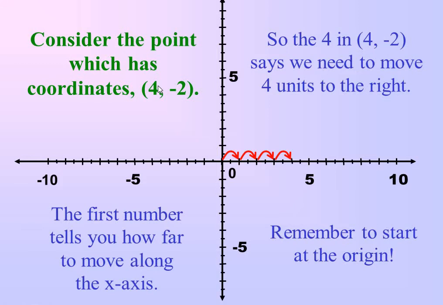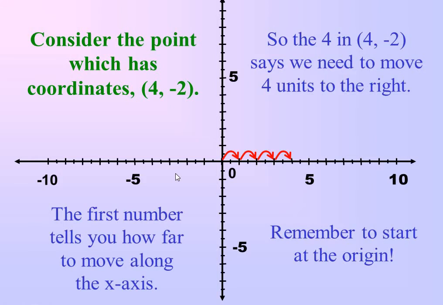The x coordinate is on the horizontal number line, so I will move to the right or to the left. How can I decide to move to the right or to the left? According to the sign of the coordinate.